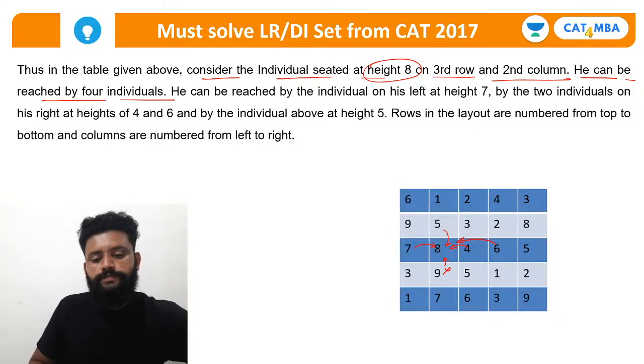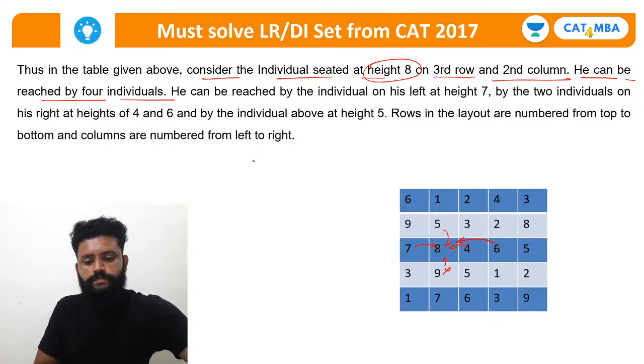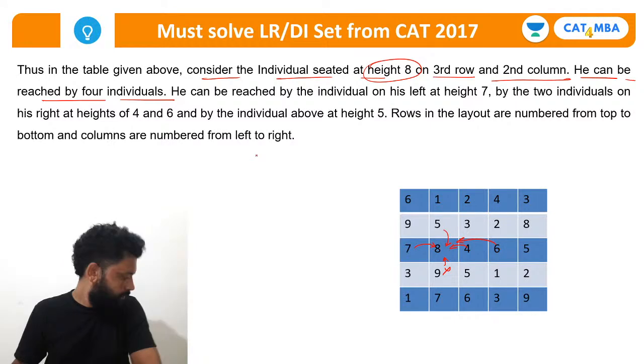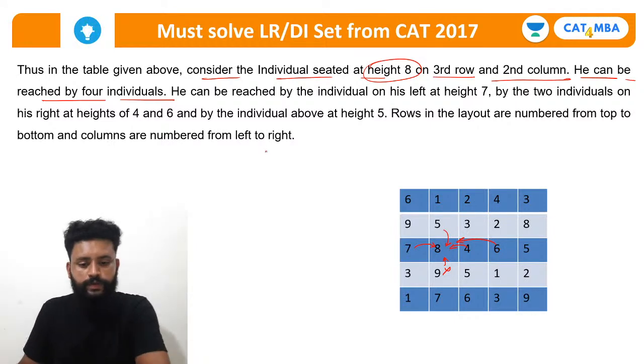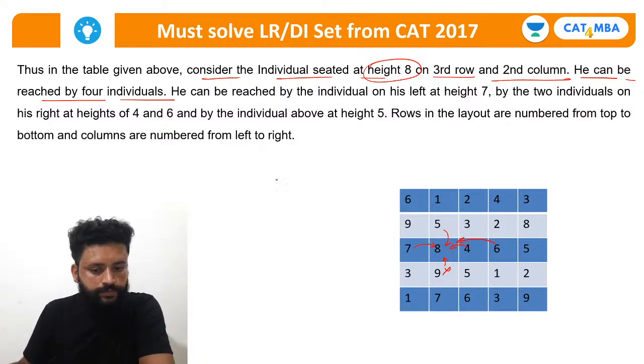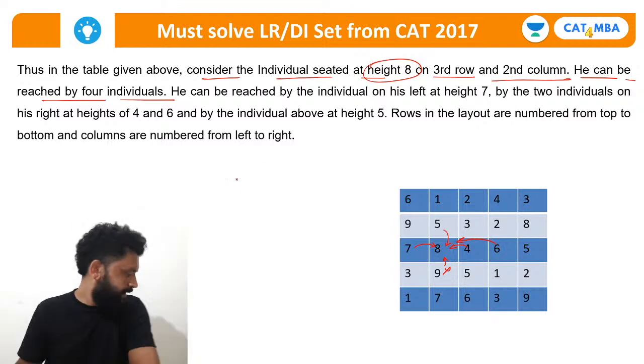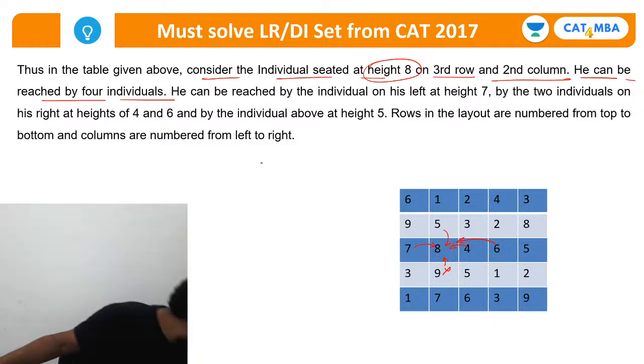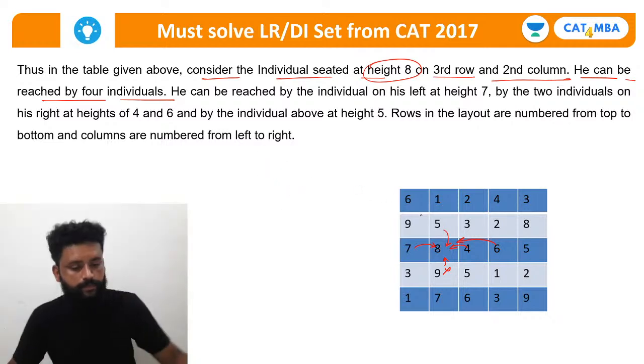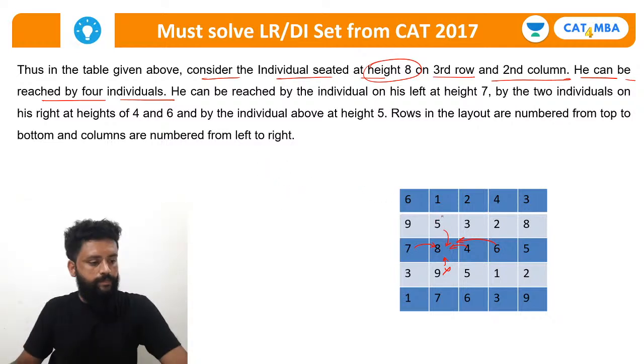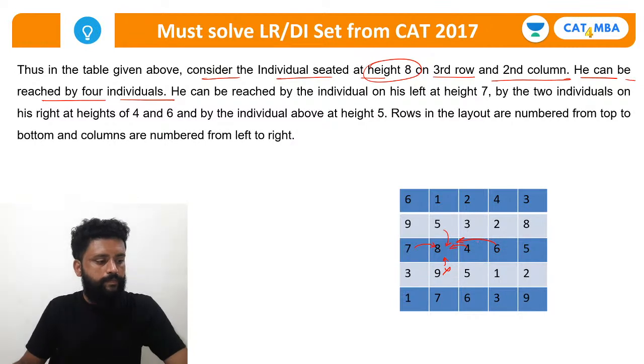Right, quickly. So 1, 2, 3 and 4 can be reached by 4. 1 नहीं जा सकता.